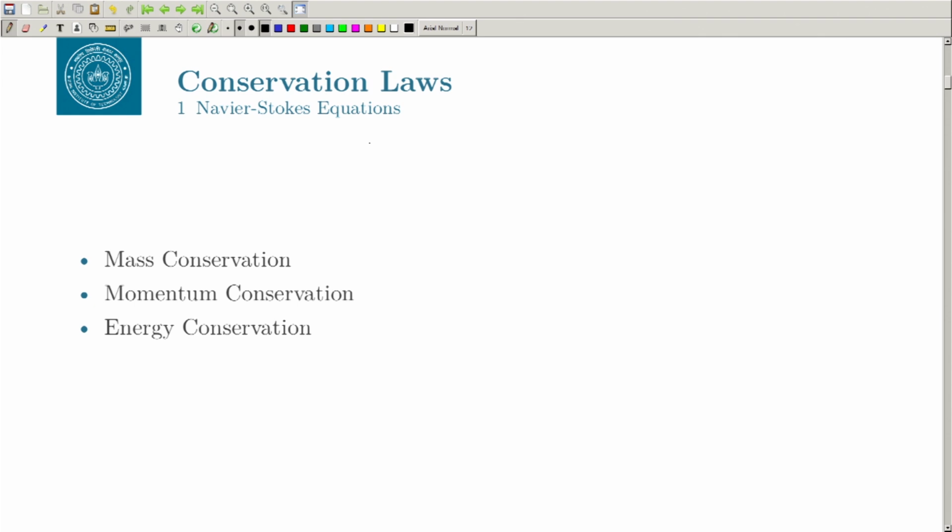As you know, there are primarily three conservation laws. There is mass conservation, which is basically mass in, if you make a body like this, mass out is equal to rate of change of mass.